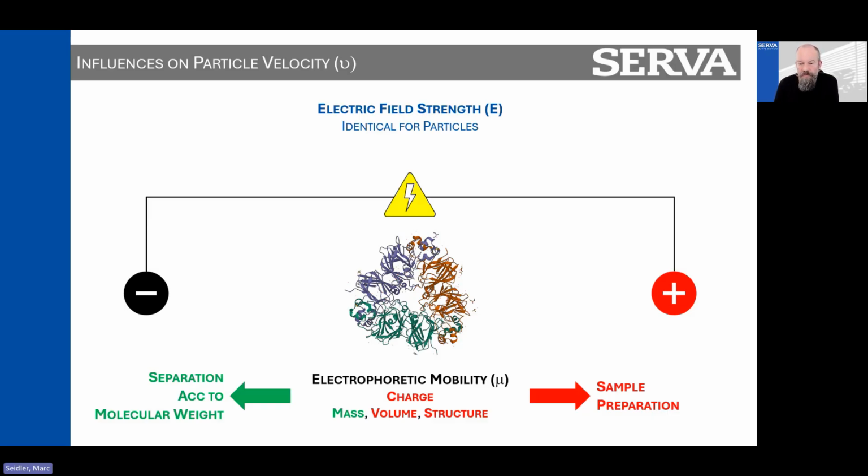This is from protein to the next protein, completely different. So we need to do a sample preparation to get rid of the differences of the charge, the volume, and the structure, but leaving the mass as a variant. Then we can do electrophoresis and see differences between the particles.